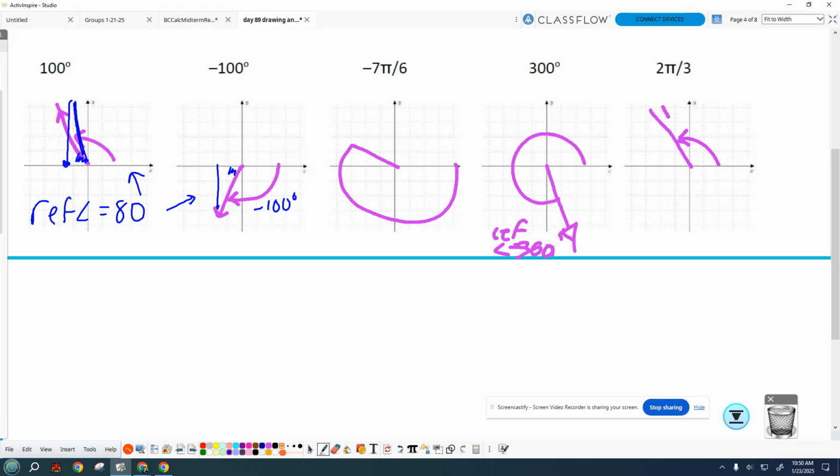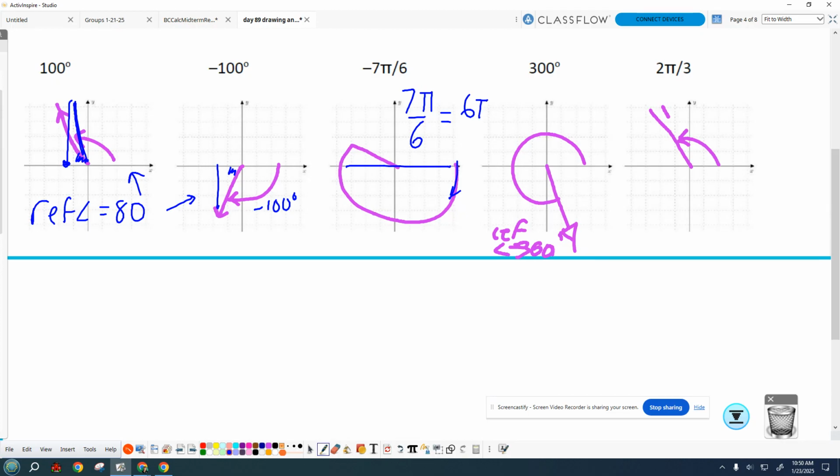All right, this one, not to out the person who did it, converted to degrees and then drew it out. Radians is so much better. So I know it's in the negative direction, so I know we're going that way. Is 7 over 6 more than 1 or less than 1? More than 1.